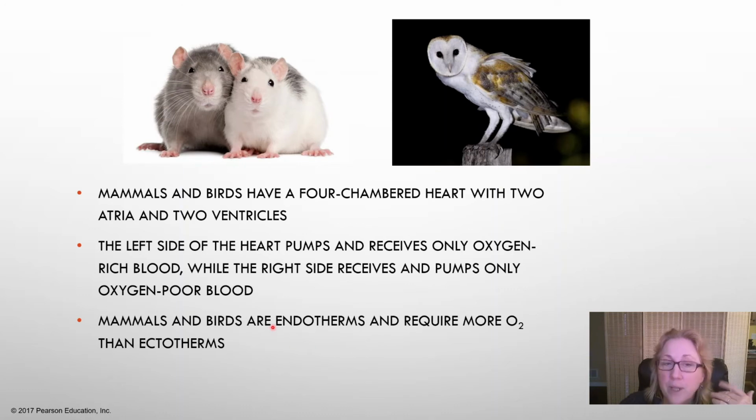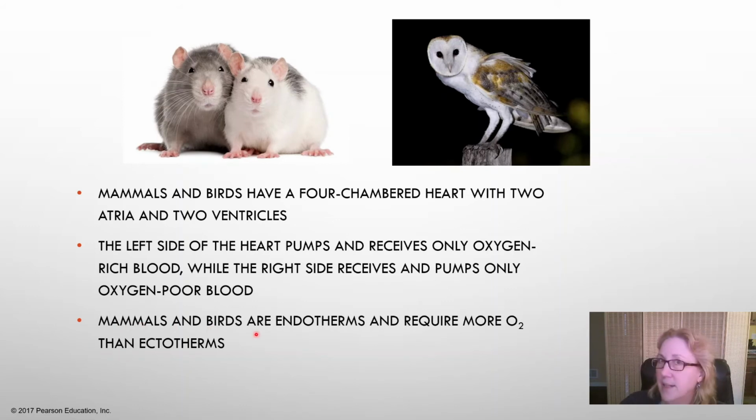Well, we do know that crocodilians are somewhat endothermic, so they're endothermic poikilotherms. They do maintain a warmer body temperature, and they do use their energy to maintain it, but their body temperature does fluctuate enormously with the surrounding water temperature, so they are poikilotherms.